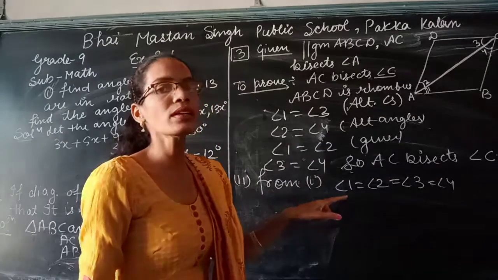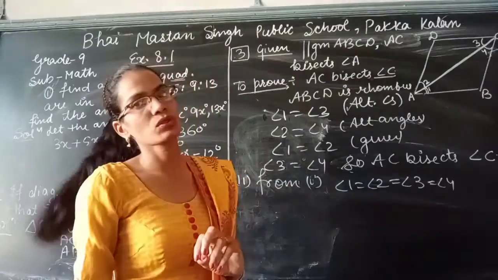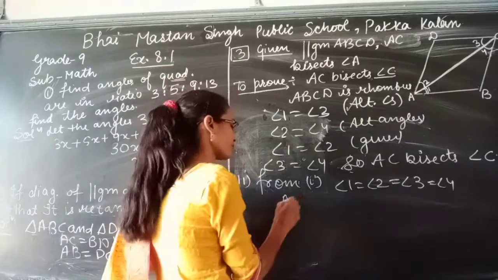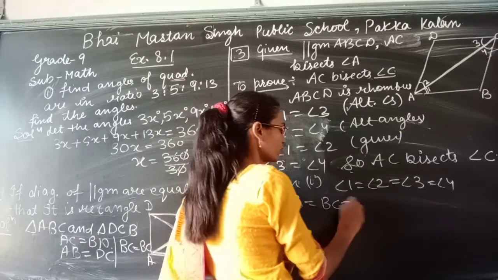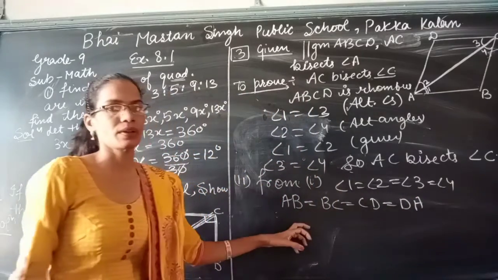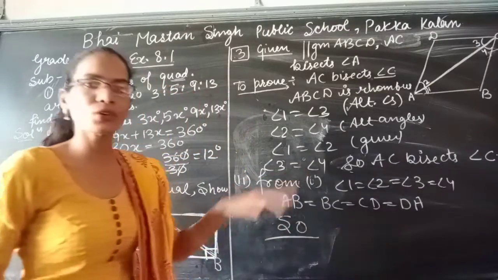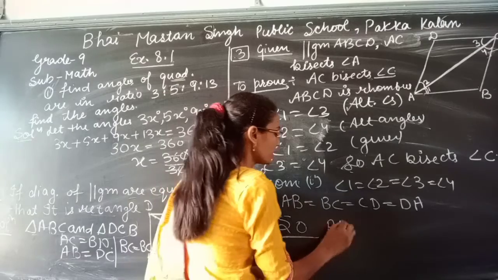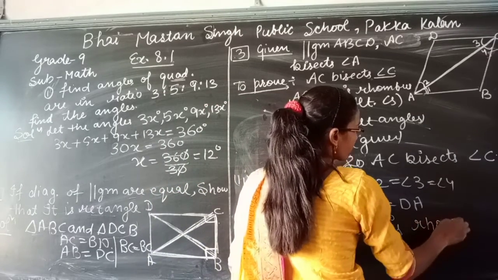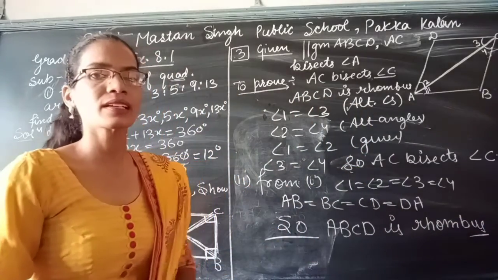If angles are equal, then the opposite sides of these angles are also equal, which means AB, BC, CD and DA are also equal. If these four are equal, then ABCD is a rhombus. Is it okay? Clear to you?